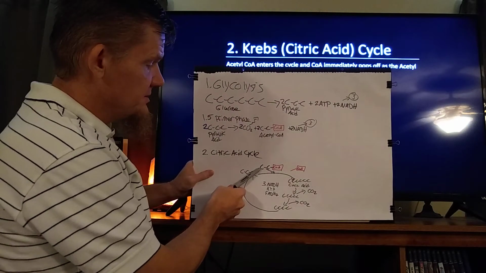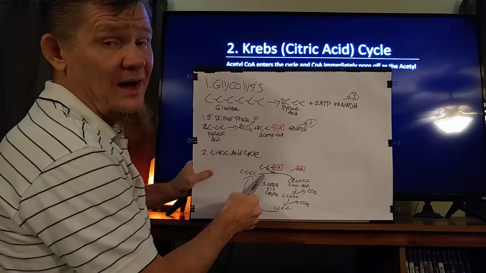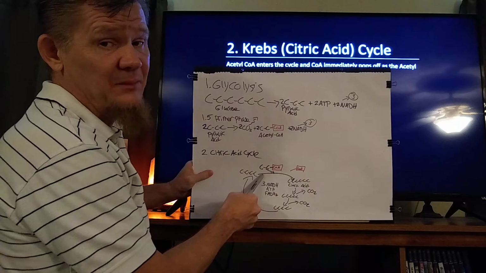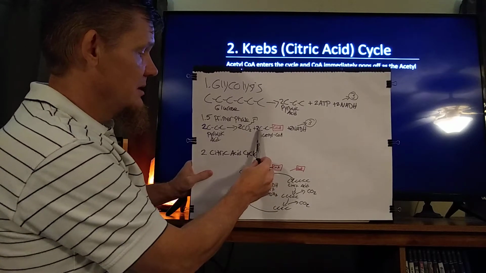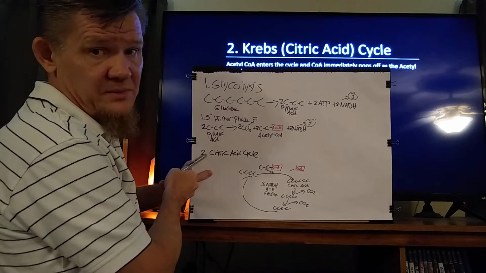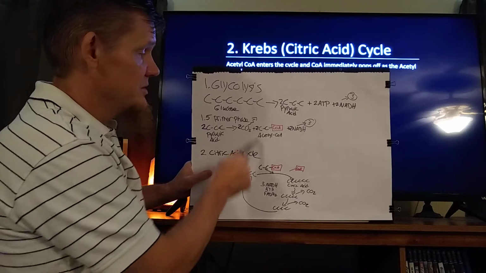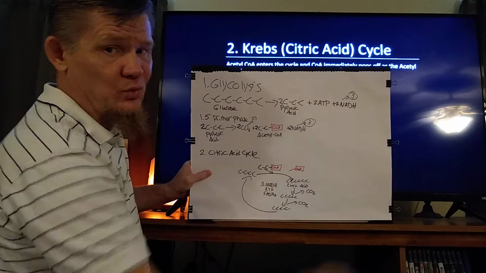how many of these acetyl-CoAs do I have? At the end of step 1.5, how many did I make? I made 2. So how many times do I do Krebs? I do it once for each. So I do it twice. I do this whole process twice.